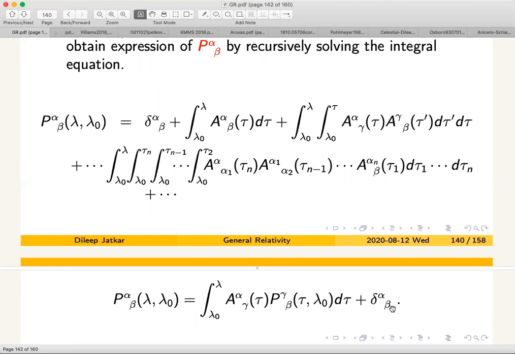Okay, so the leading order term is delta, so that just replaces gamma by beta, which is what you get. And the next term is plus a double integral, because originally there is one integral and this p is replaced by this entire expression, so you have a double integral a times a times p. Okay, so that is this term.